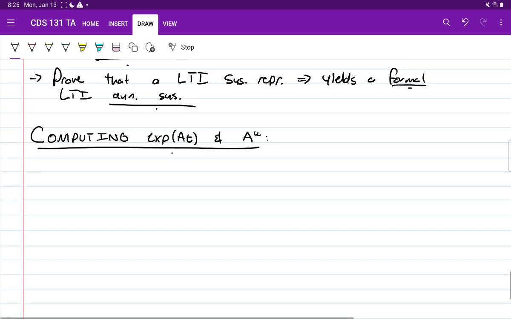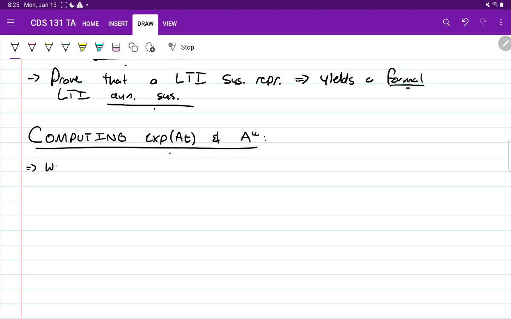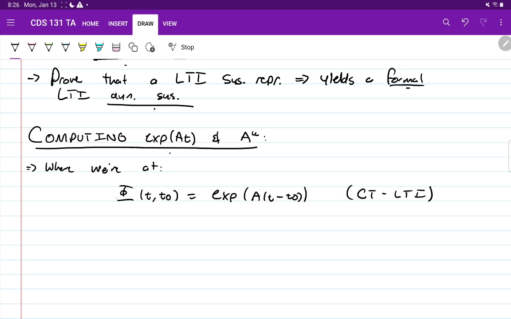So here's what we have so far. What we showed above is that you can compute the continuous time state transition matrix via the exponential exp of A(t minus t naught) in the continuous time LTI case. And you can do something similar for the discrete time case: phi of k comma k naught is equal to A to the k minus k naught for discrete time LTI.